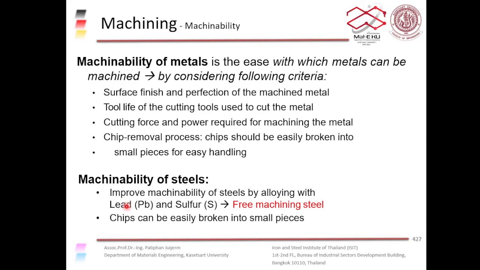Okay, if you want to design a new component or a new machine, you have to choose a material for that component, and then you have to choose the manufacturing process for that component.